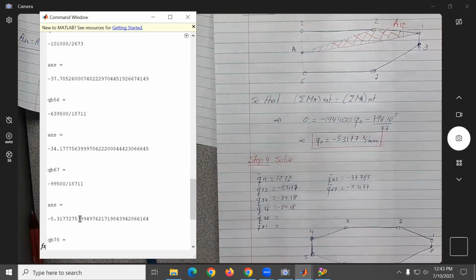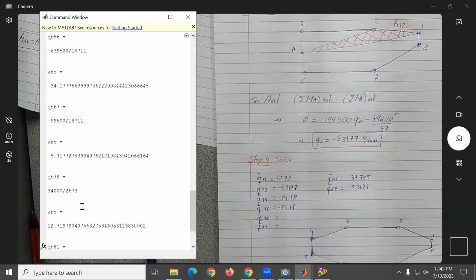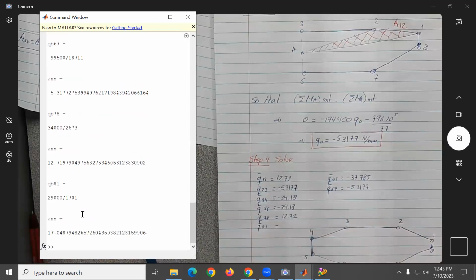Q78 is 12.72, the same as Q12. Q12, yeah, 12.72. And finally Q81, 17.05.